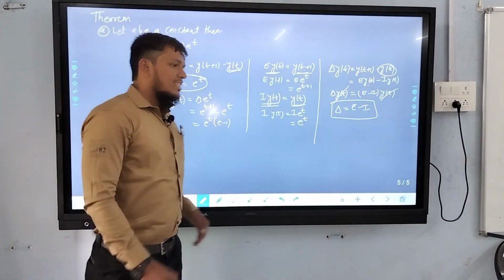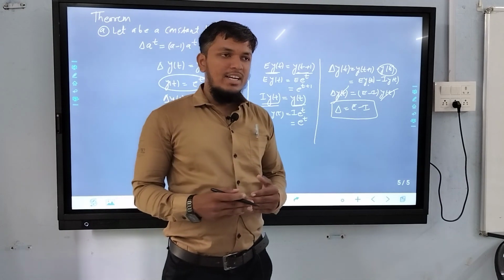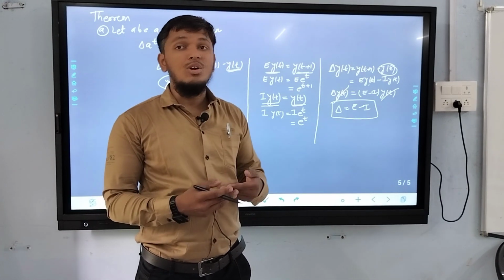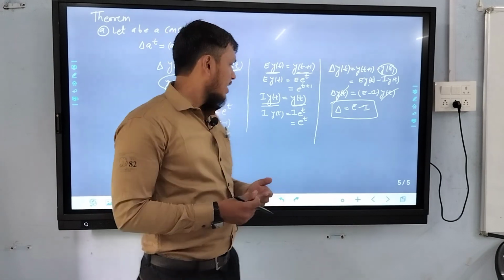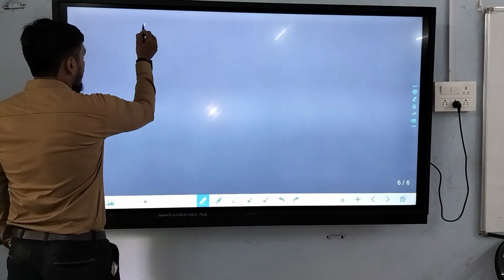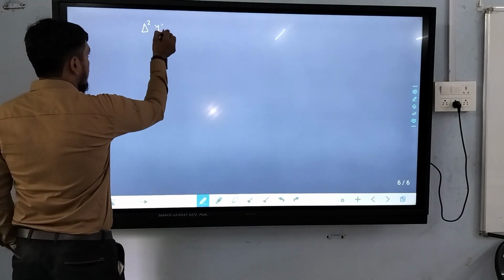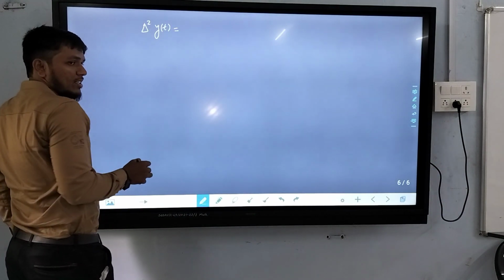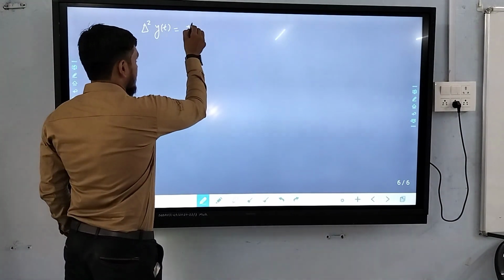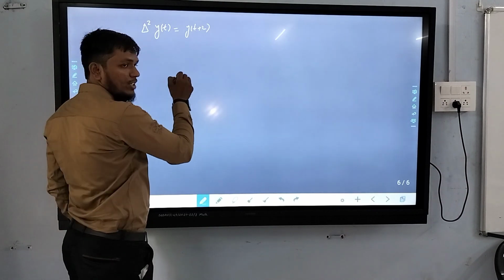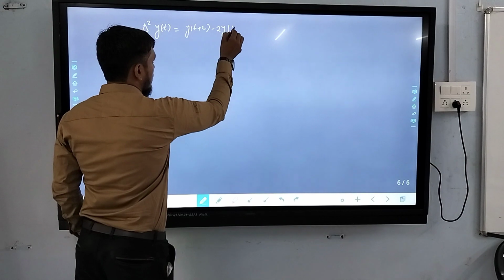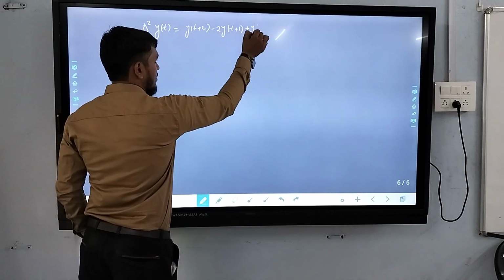Just like a higher order derivative, you can find a second order difference operator, third order difference operator, and nth order difference operator as well. If you want to find delta square y of t, then what is its value? It is y of t plus 2 minus 2 y of t plus 1 plus y of t.